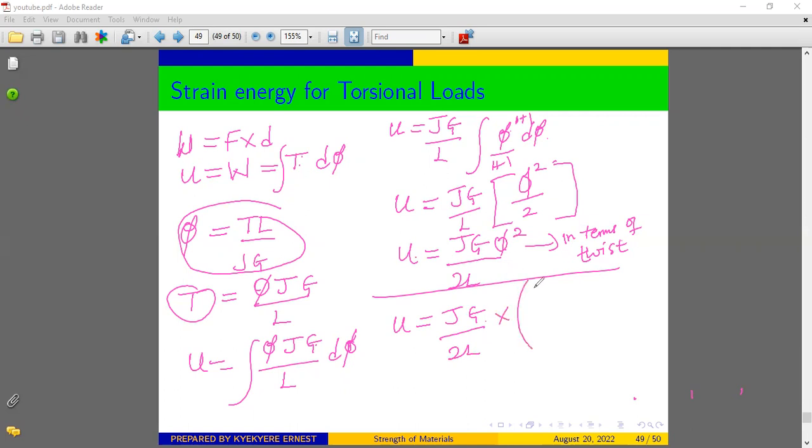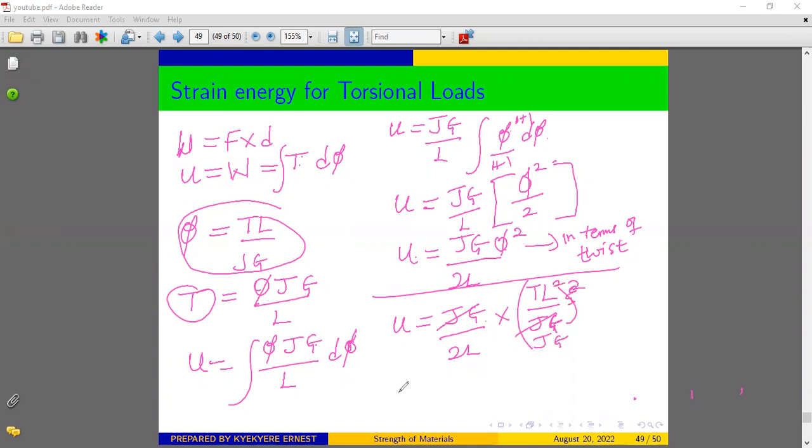The angle of twist is TL over GJ, but it is squared. So from here, one of these will take away one of those and we will be left with GJ, and the square will only be for this TL.